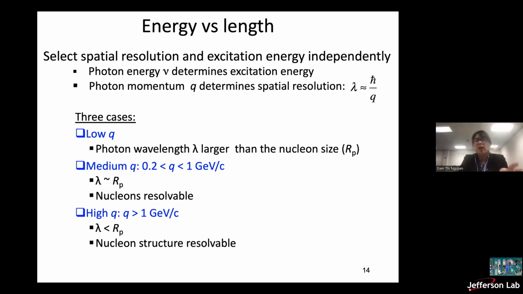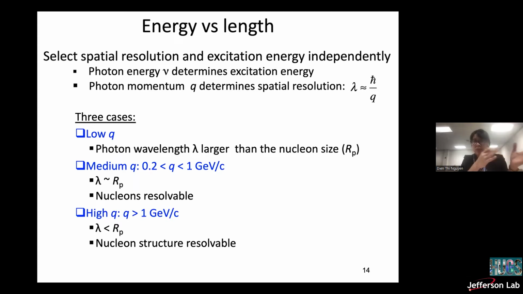In terms of spatial resolution, it mainly depends on Q only. But you see that this is the four vector, right? So the energy term depends on the energy of the incoming and outgoing electron, and the momentum term separately depends on the momentum of the incoming and outgoing vectors.